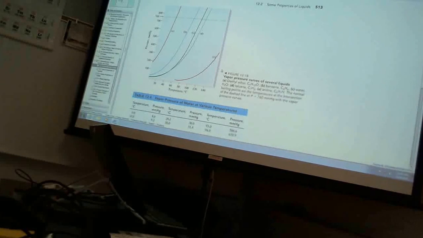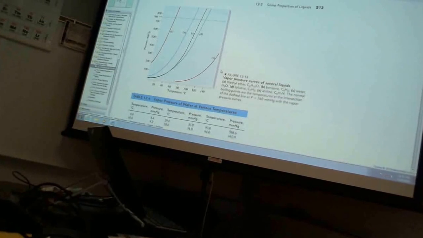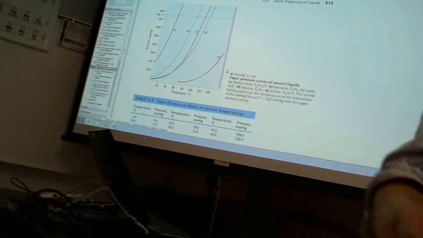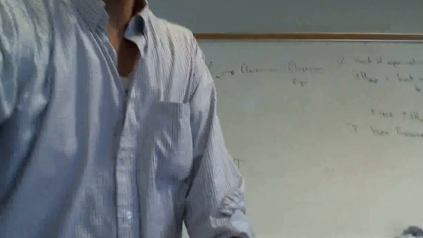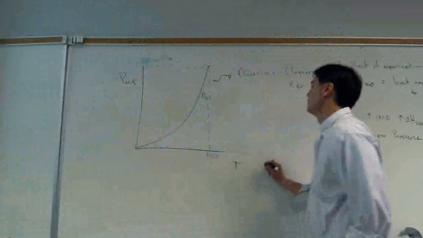And so it turns out that there are different equations that fit this, but the easiest equation that we can use is called the Clausius-Clapeyron equation. The Clausius-Clapeyron equation is just a mathematical fit to this, but it's rearranged to make it more useful for us.